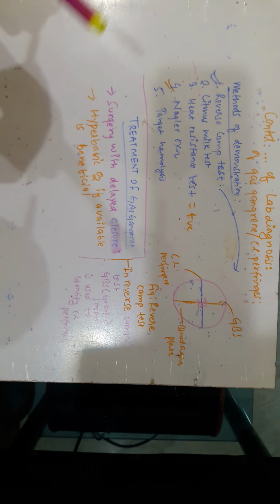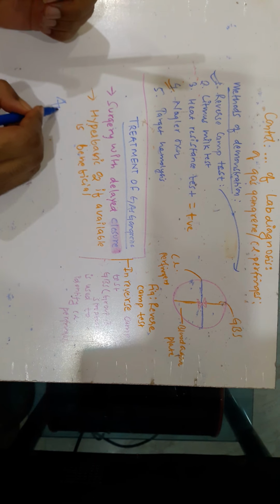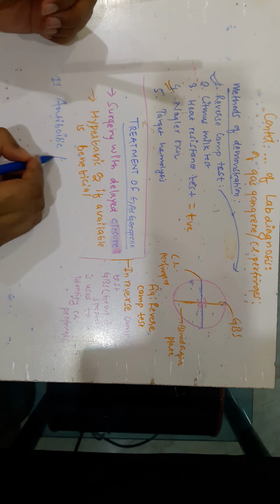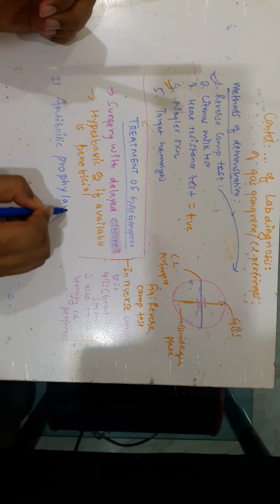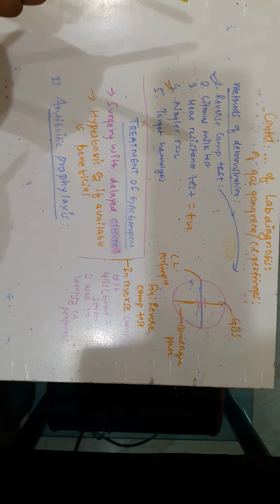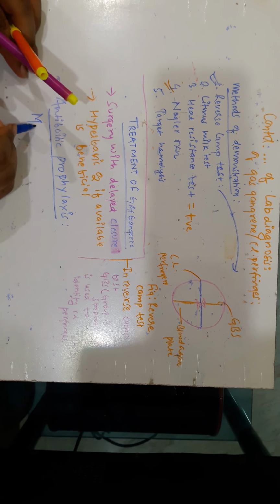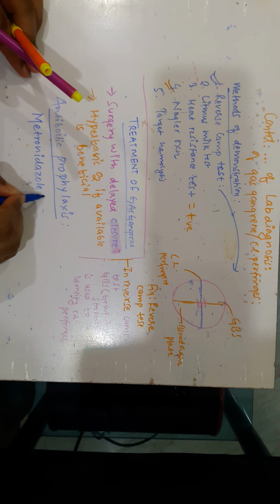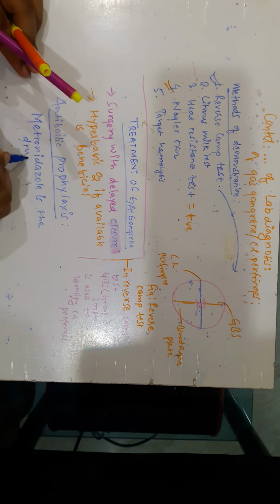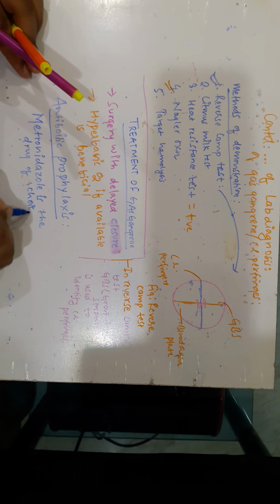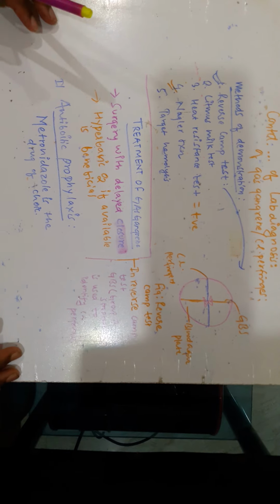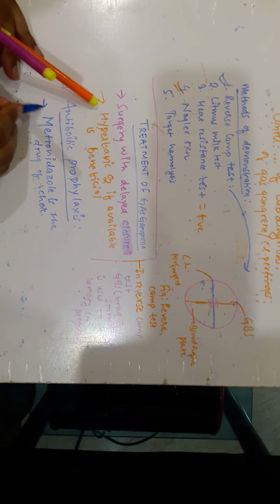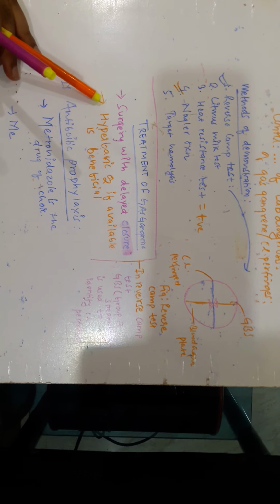And in case of antibiotic prophylaxis, metronidazole is the drug of choice, and since there is a combination of various other anaerobes and facultative anaerobes, it is often combined with gentamicin and amoxicillin.